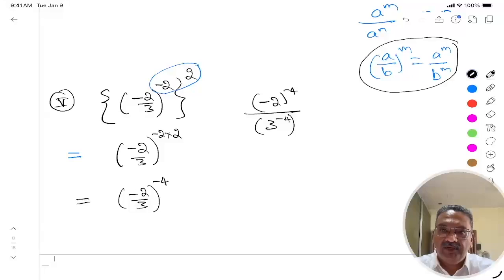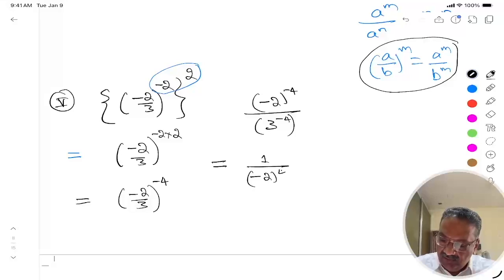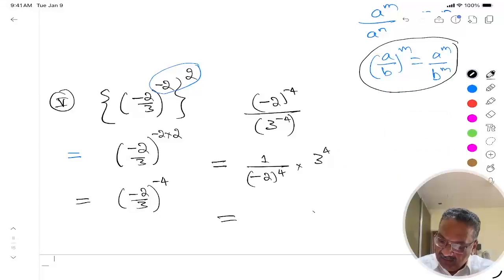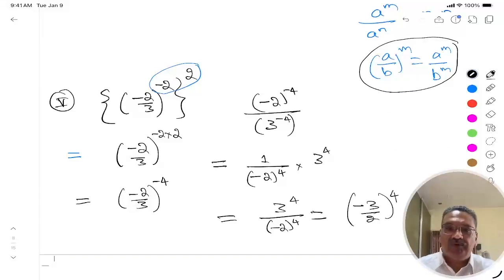I have taken the exponent to the numerator and to the denominator. Now -2 to the power of -4 becomes 1 by -2 to the power of 4, and 1/3 to the power of -4 becomes 3 to the power of 4. So this is nothing but 3 to the power of 4 divided by -2 to the power of 4, which is equal to -3/2 to the power of 4.